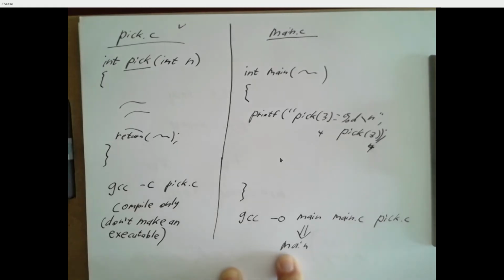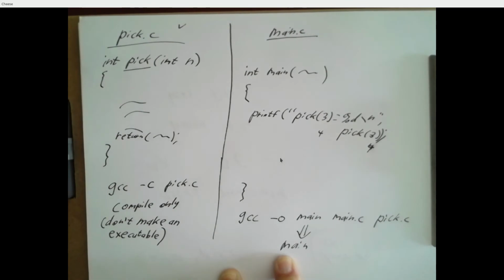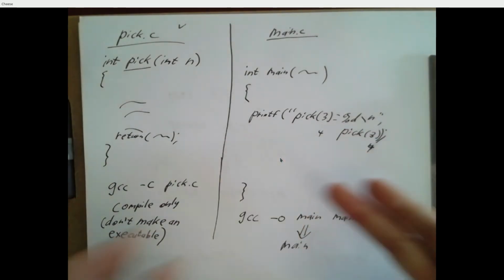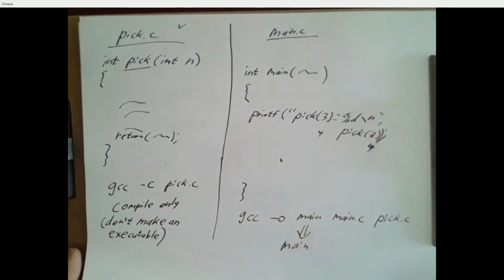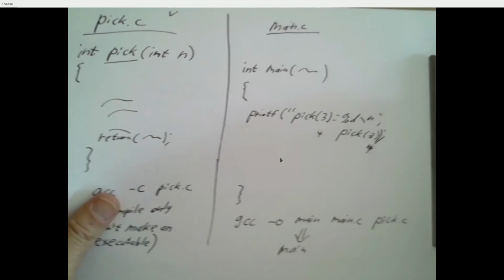So I'm giving you a main program, and you're going to link your pick function to my main program and then assess that main program. Okay, and assess knows what that main program should do, so it can see if your pick function is doing the right thing. And it'll do something like this. It'll call pick with different values, take the return value, and see if it's actually, your number mod 4, possibly equal to 1.